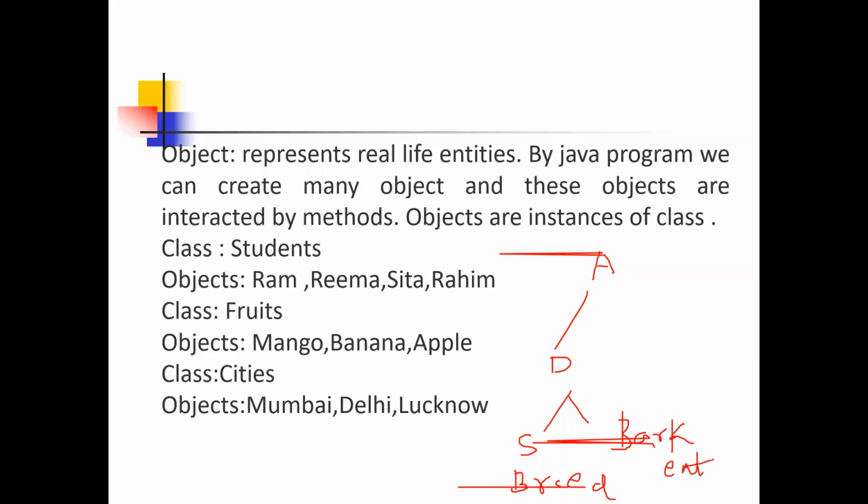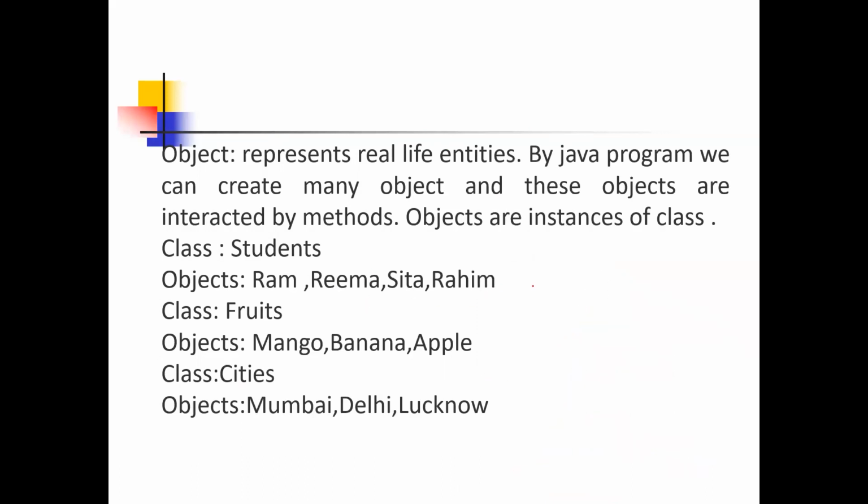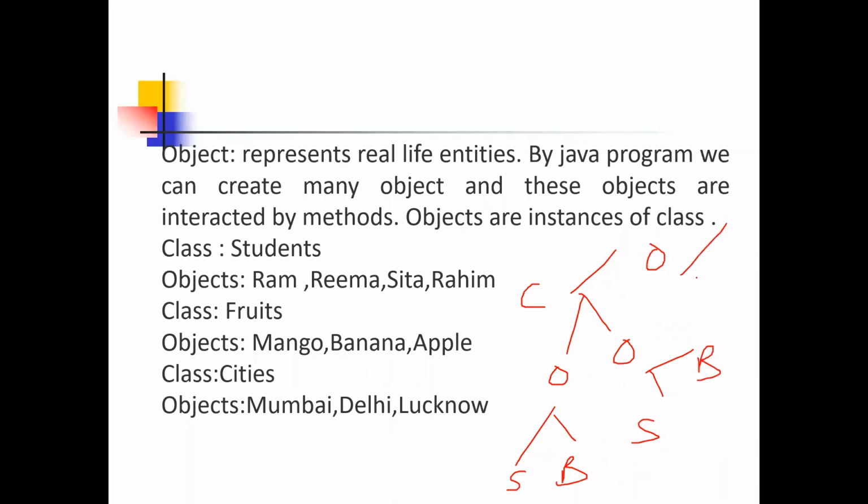So every object has two characteristics, state and behavior. Understood? A class can have so many objects, object 1, object 2, object 3, and every object has state and behavior.